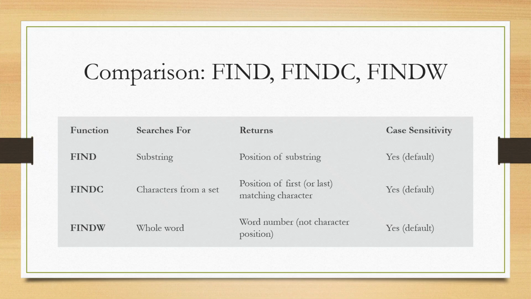Similarly, for FINDC, although it is again case sensitive, it will search for characters from a set, and the position of the first or last matching characters will be the result of FINDC. Whereas the FINDW function will search for a whole word, and the word number, not the character position, will be the result of the FINDW function. All these functions are case sensitive.